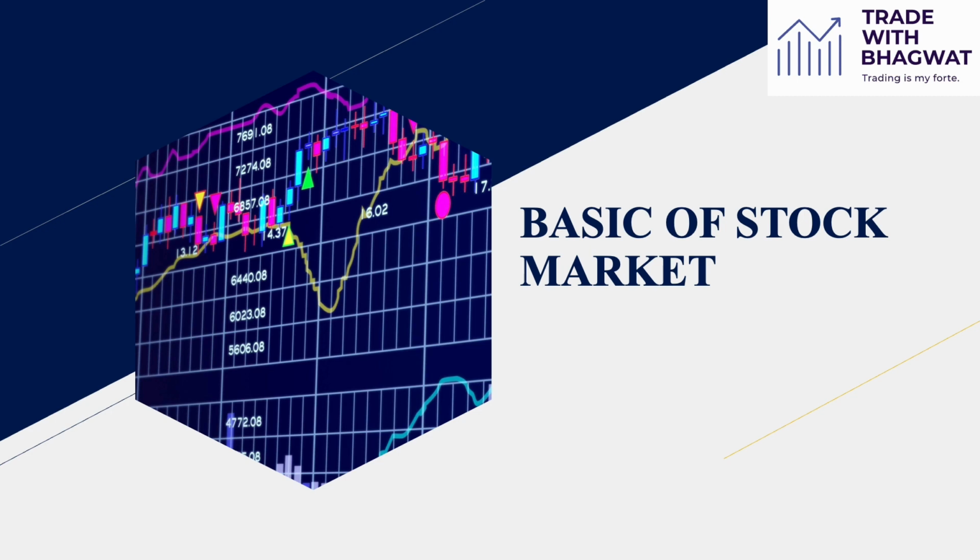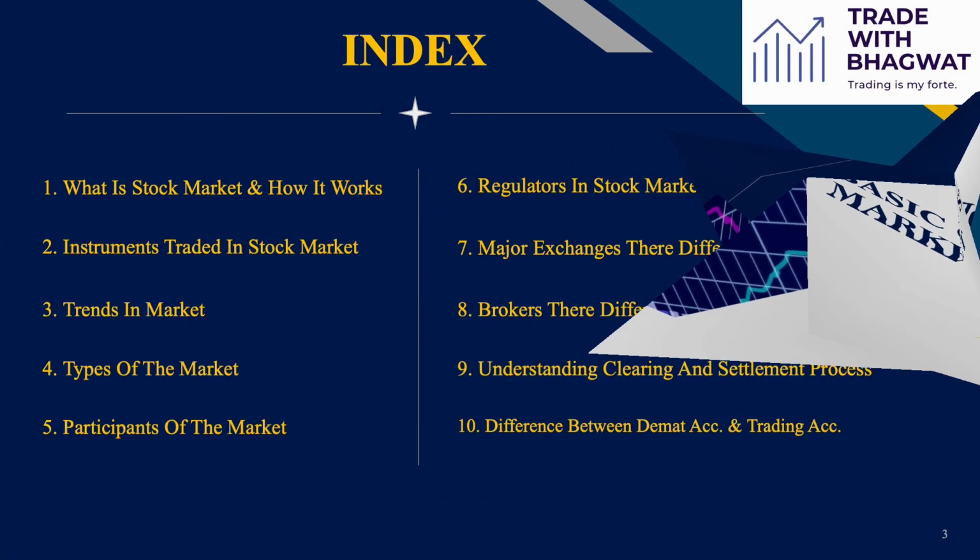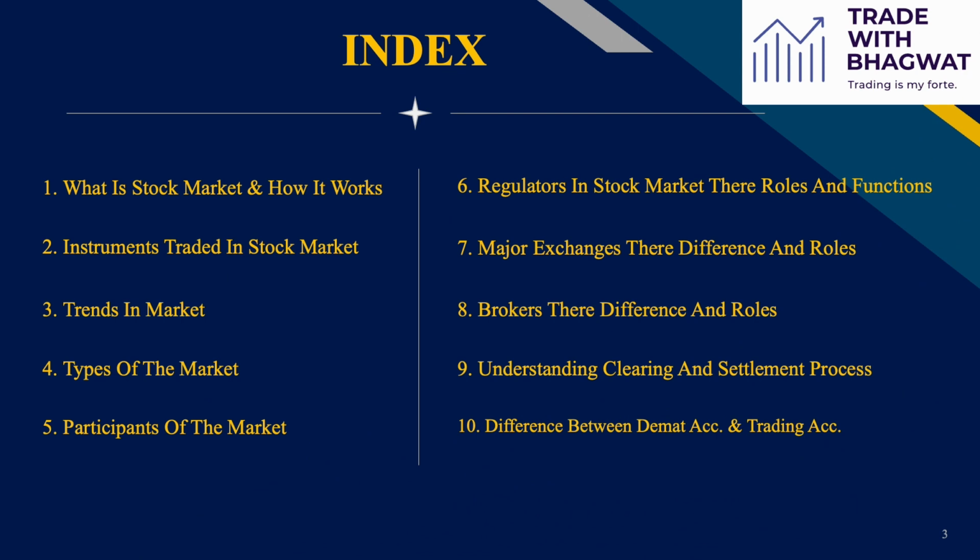So let's start. This is the index, which you can see is quite an old school type of index. What is the stock market is going to be our first point, and how it works. Then instruments traded in the stock market, trends in the market, types of markets, and participants of the market. You might wonder who usually trades in the market and all those things. Hopefully we'll cover that part there.